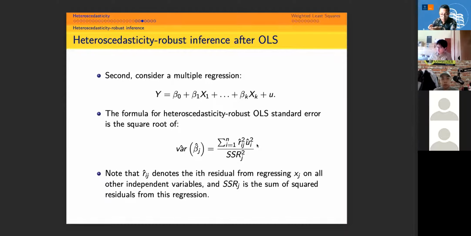Then you calculate the sum of squared residuals from this regression, so the sum of squares is going to be the variation of that variable. Now we use this with the squared residuals to identify the heteroskedasticity robust OLS standard error in the presence of heteroskedasticity. So that's the idea of heteroskedasticity robust inference.